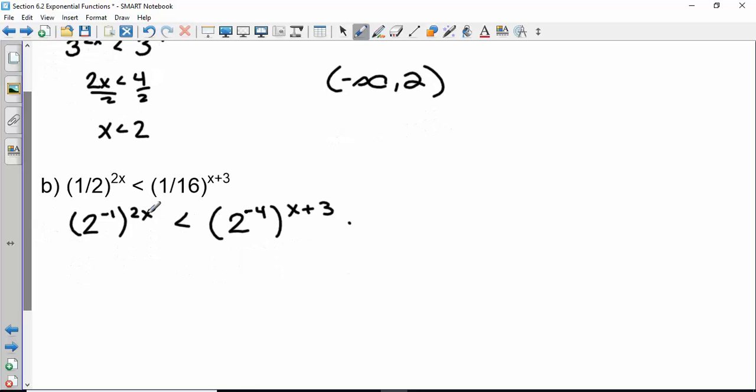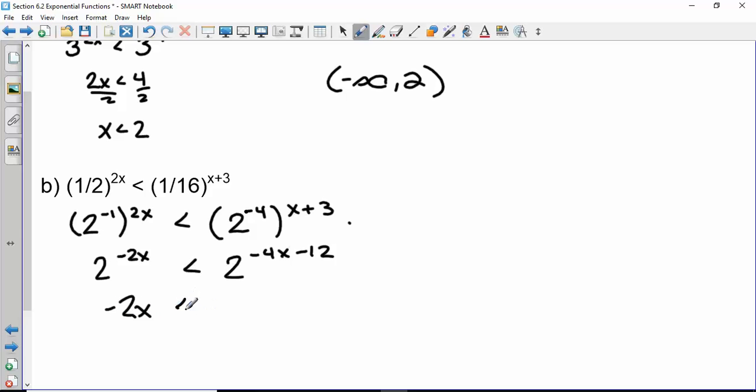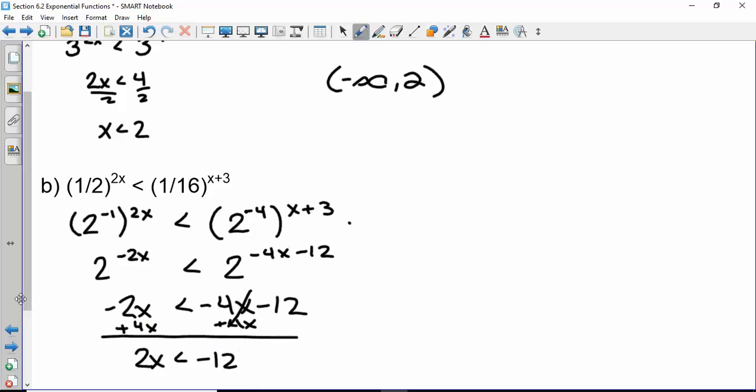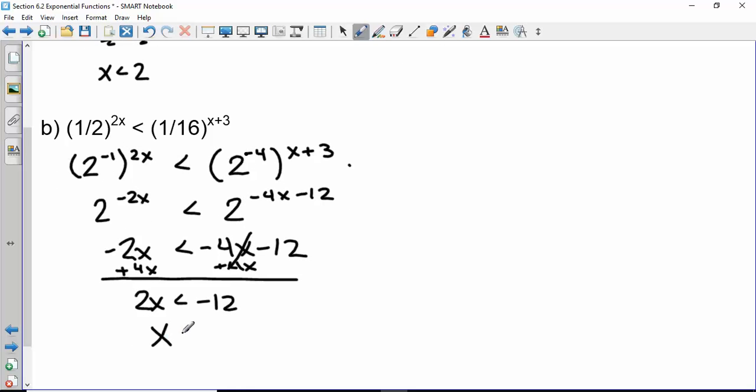So now if I solve this, we know power to a power we multiply. And distribute that negative 4. So now we have the same base on each side. So if I add over my 4x, divide by 2, so x is less than negative 6.